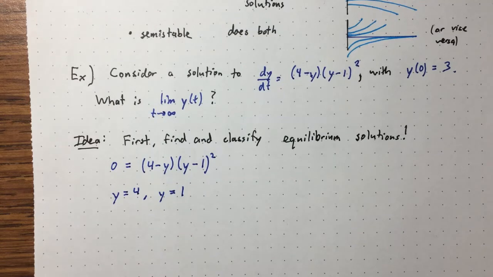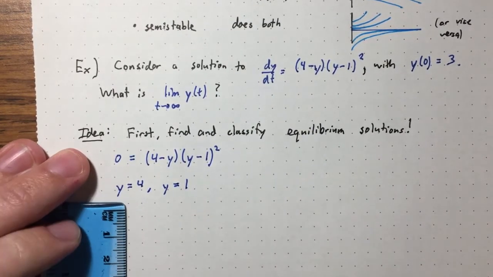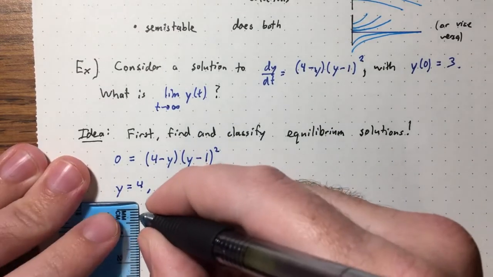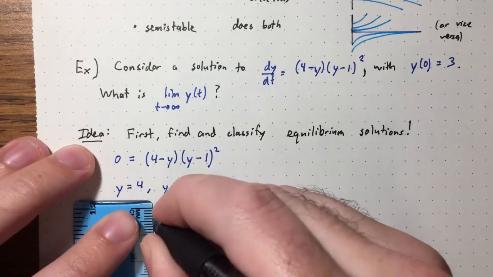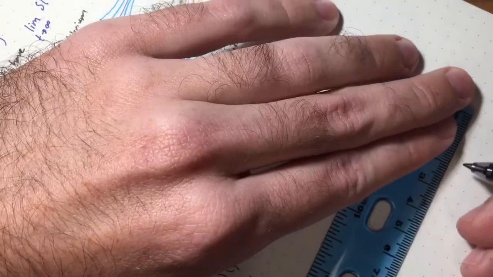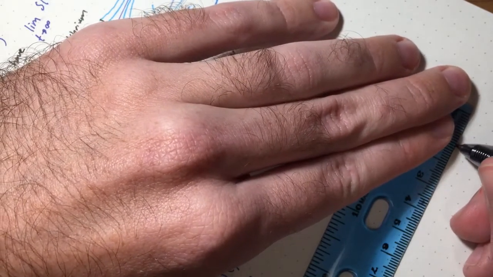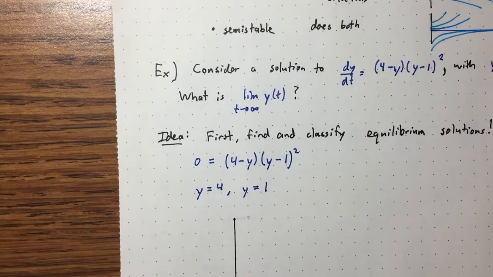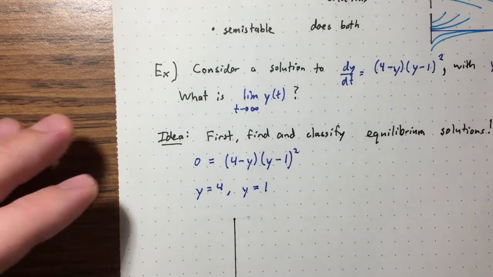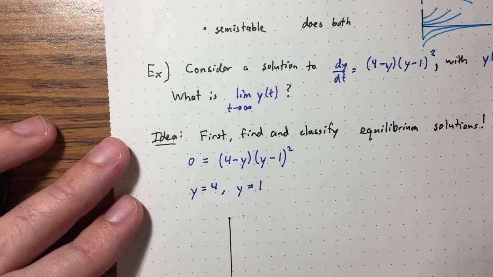Okay. And so I'm going to start drawing a picture down here. Okay, so this will be my t-axis, and this will be my y-axis.